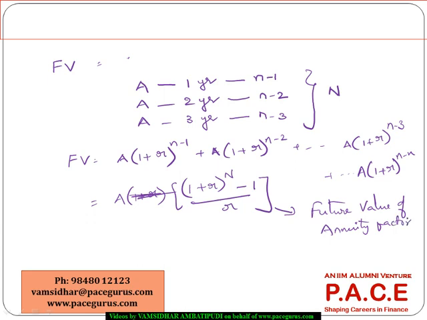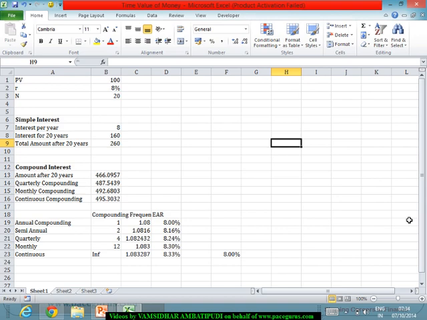Just to explain the situation with an example: instead of depositing 100 as a lump sum today, say 100 is deposited at the end of every year for 20 years at the same 8% interest.